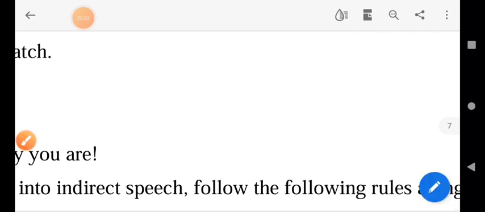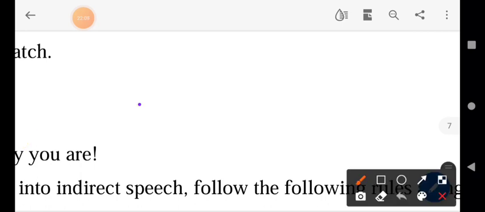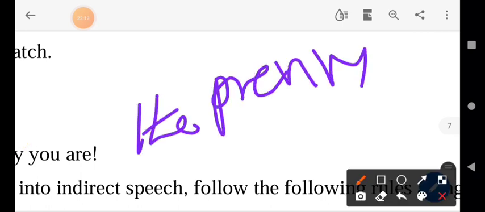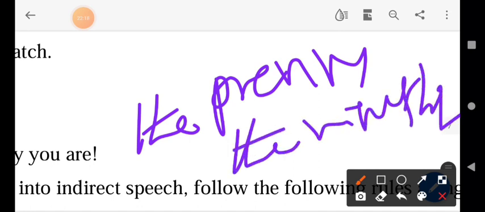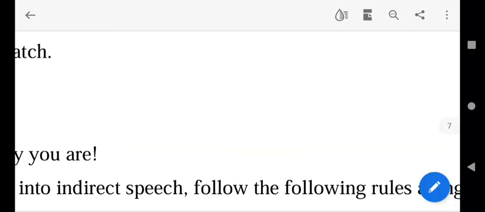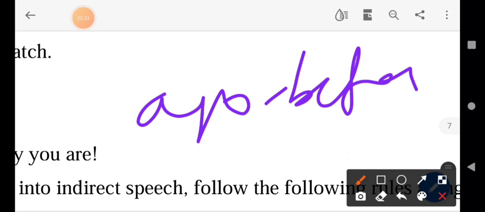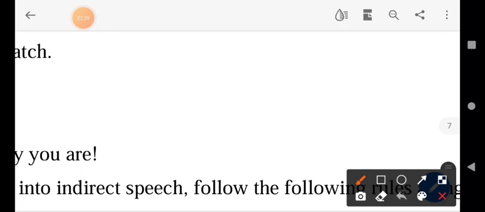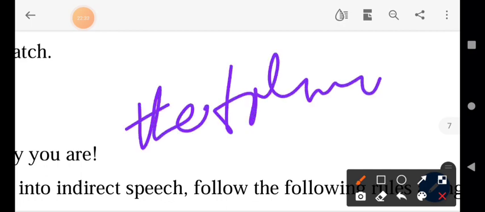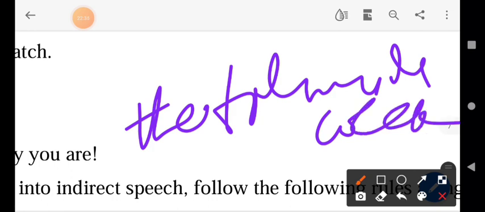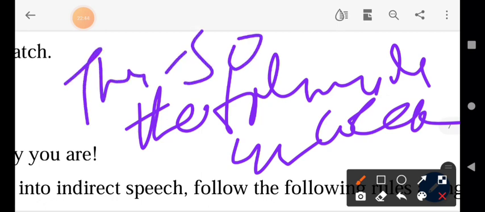Last night changes into the previous night, or the night before; both are correct. Ago changes into before. The next day, the next week, the next year change into the following day, the following week, the following year. Hence and thus change into so.